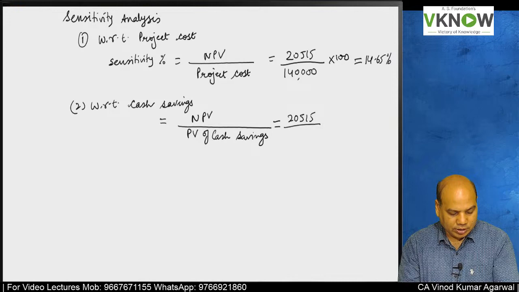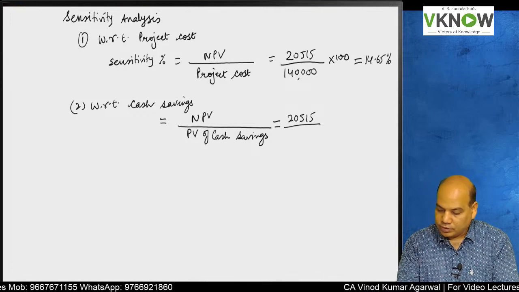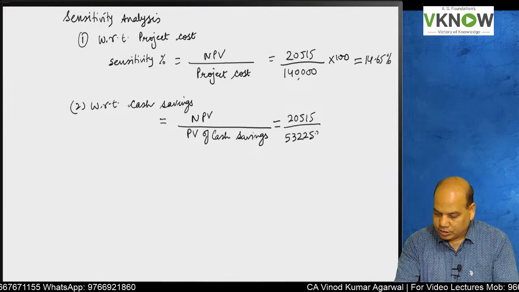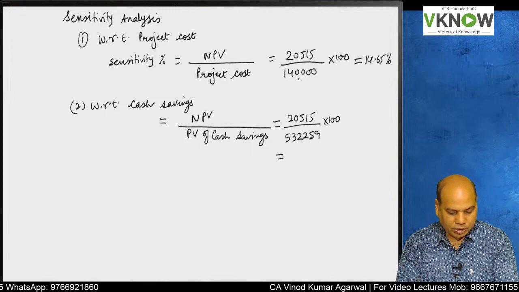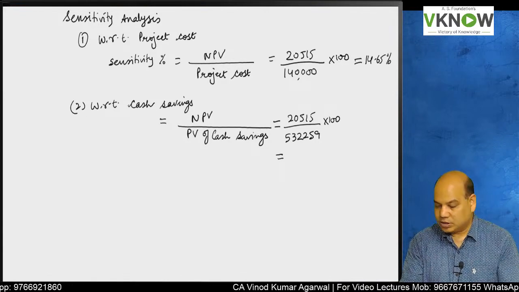Can you please tell me the PV of cash saving? 5,32,259 into 100, percentage.